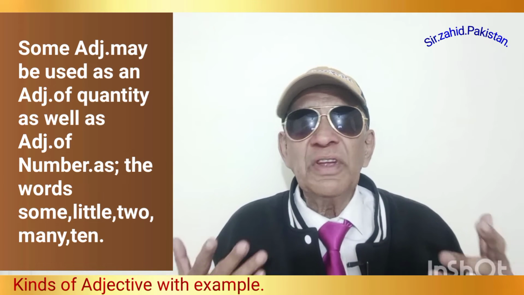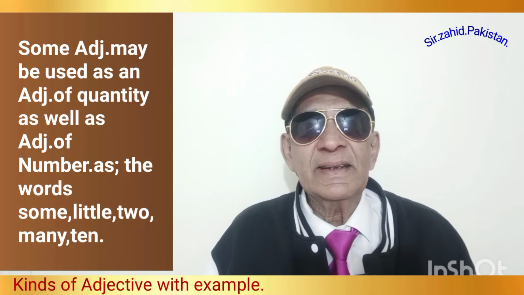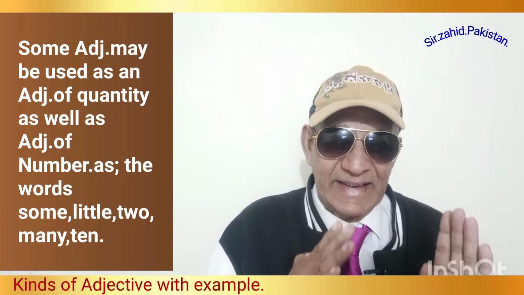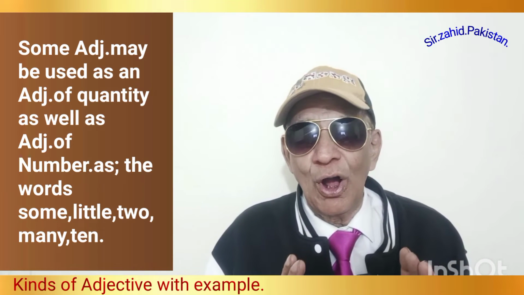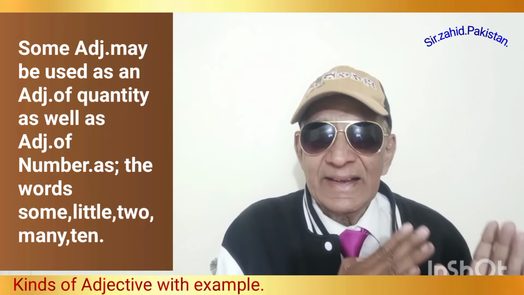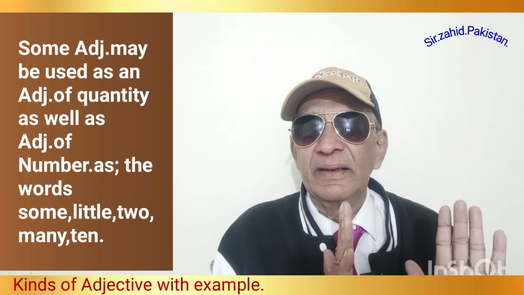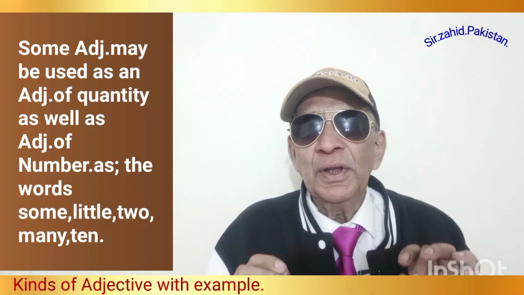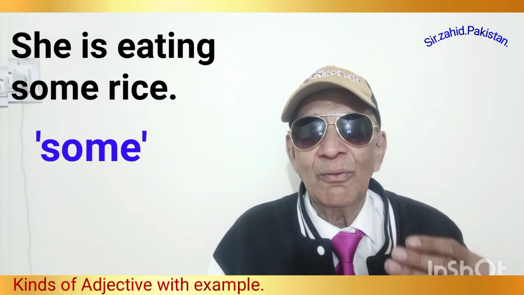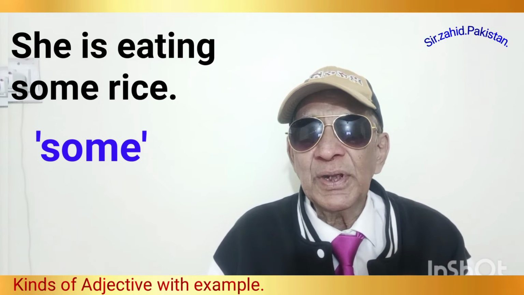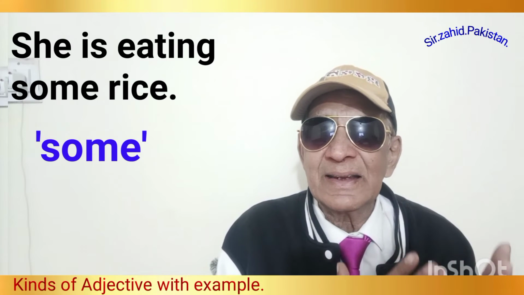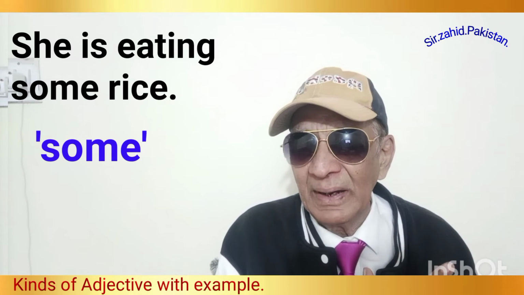Now always remember that some adjectives may be used as an adjective of quantity as well as an adjective of number. For example, he is eating some rice. The word some is an adjective of quantity as well as an adjective of number.